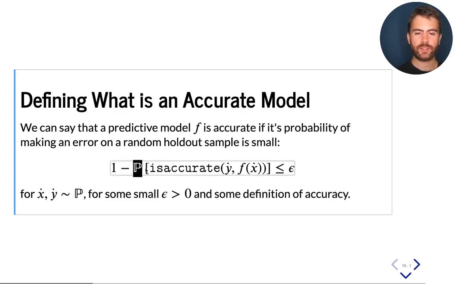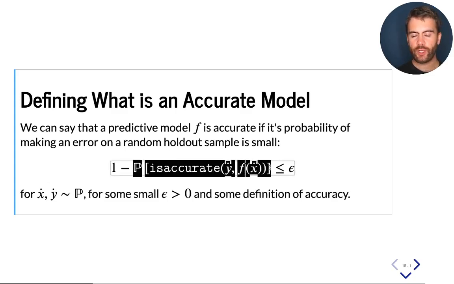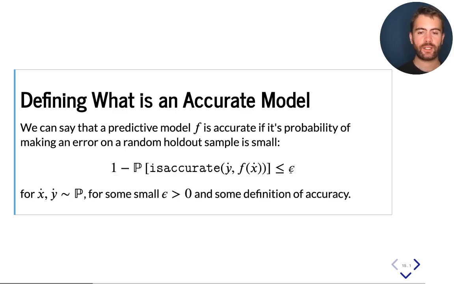And this probability here will correspond to the fraction of these points for which we have an accurate prediction. And we want this value to be large. We want this to be higher than 99%, and the percentage of points at which we are not accurate will be 100% minus this percentage. And so if this is above 99%, then 1 minus this value will be below 1%, and so we will be accurate. And again, epsilon can be any small number that we get to choose.